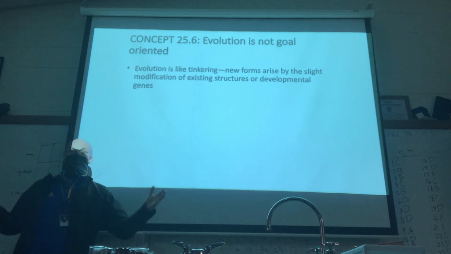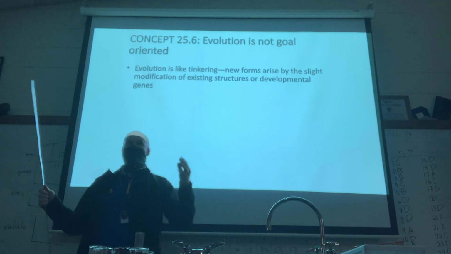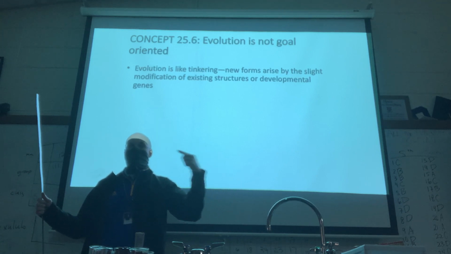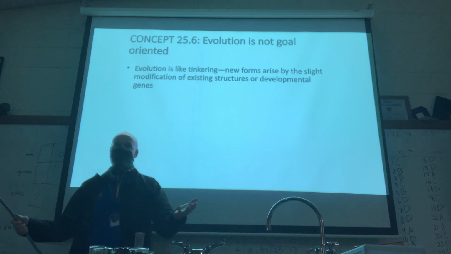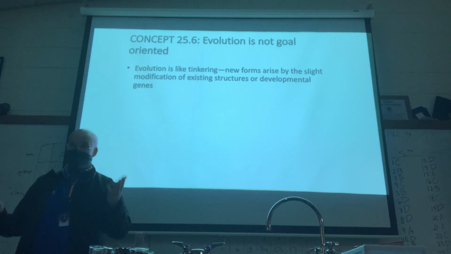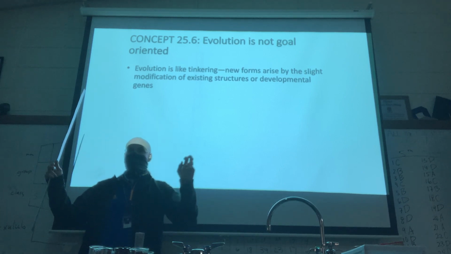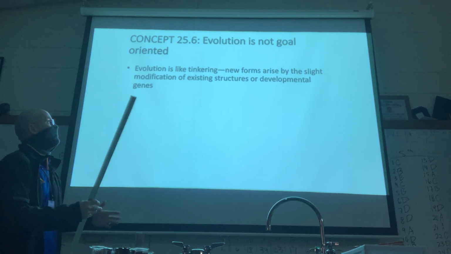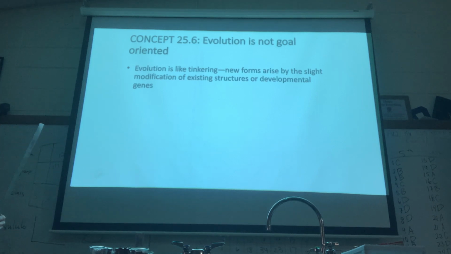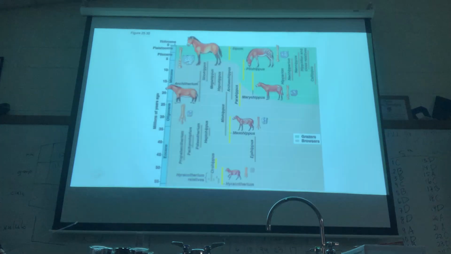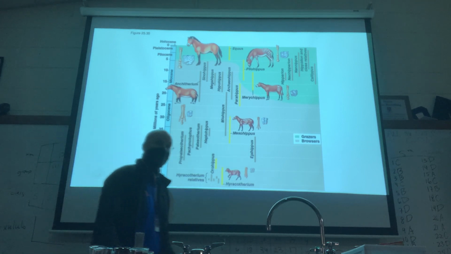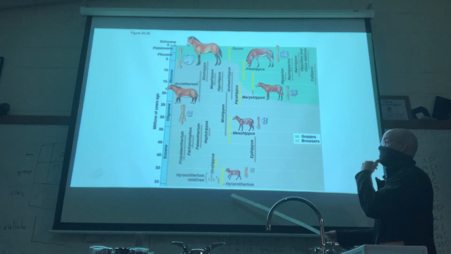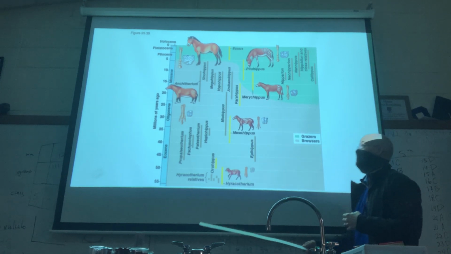So if you look at the history of life on Earth, it does not appear as if from single-cell prokaryotes we were on a straight shot to humanity. It appears that humans are a current, surviving, or extant branch of the tree of life. As an example of how not goal-oriented evolution is, your book goes through the family tree and the evolutionary path of horses over the last 50 or 60 million years.